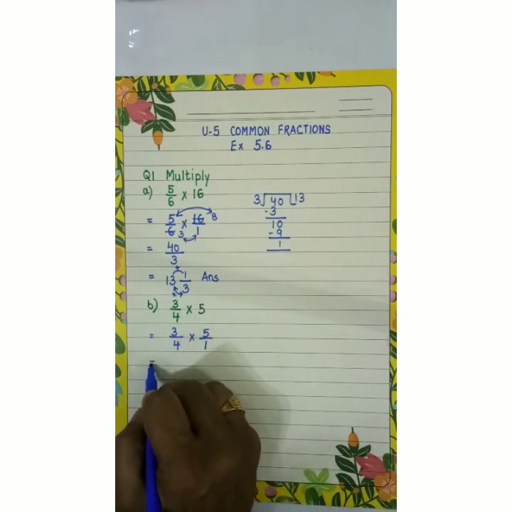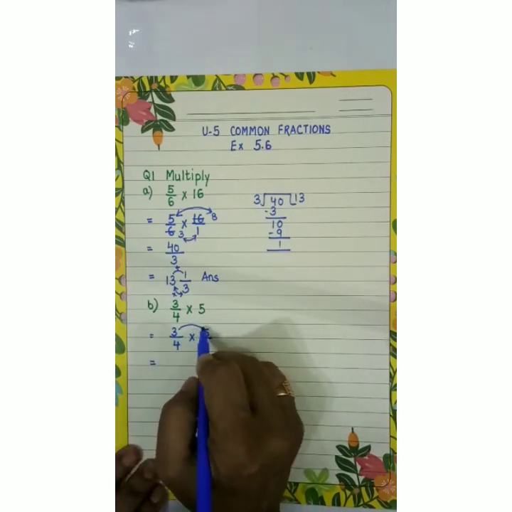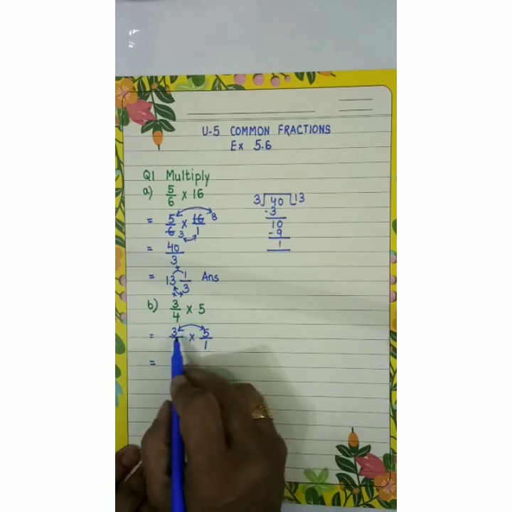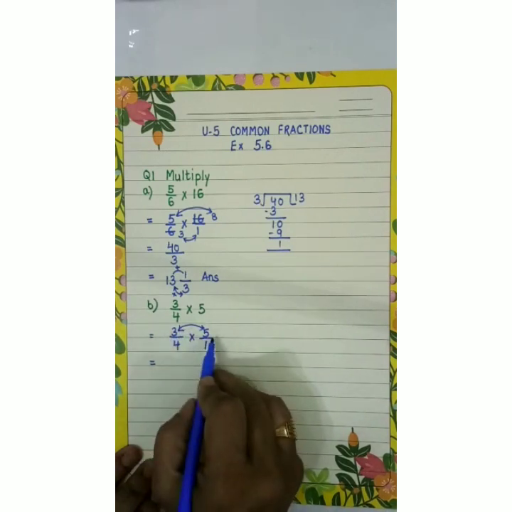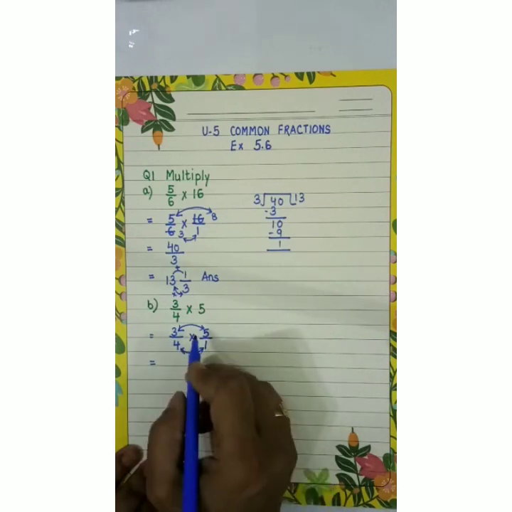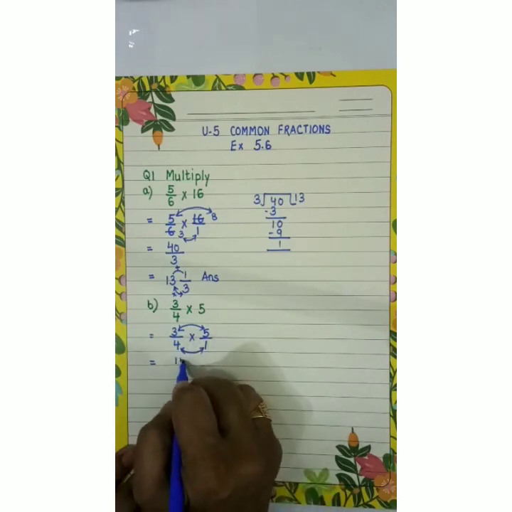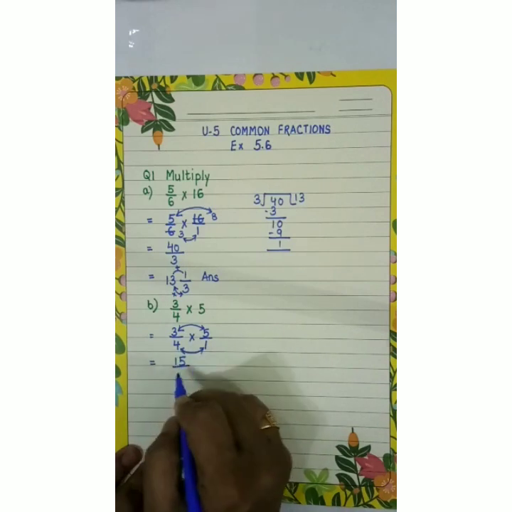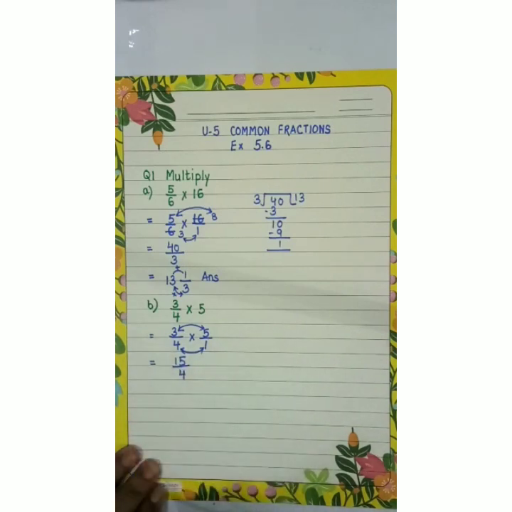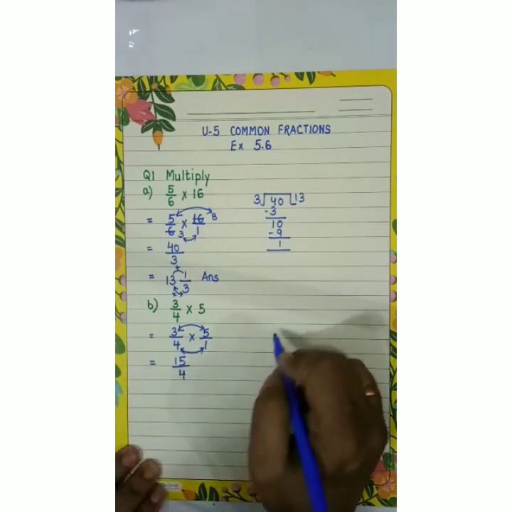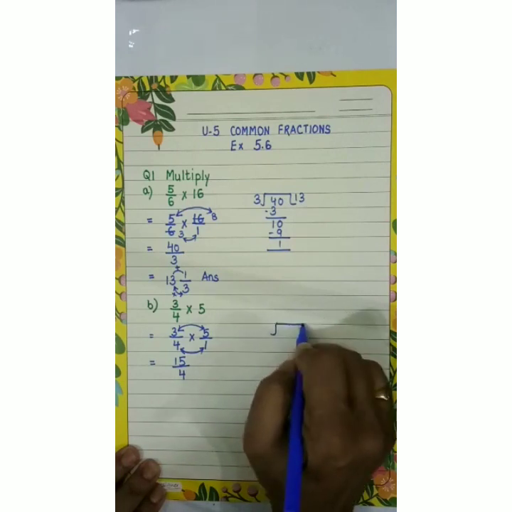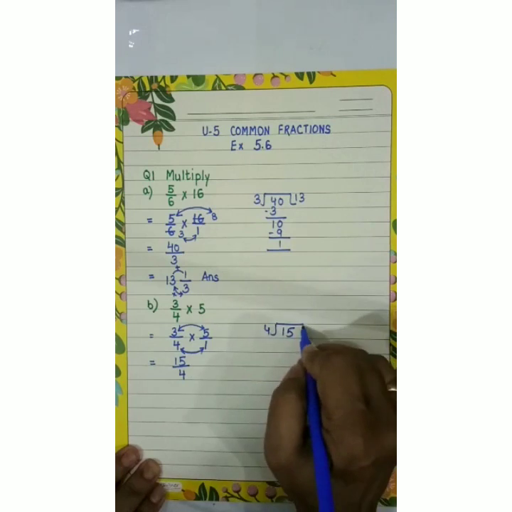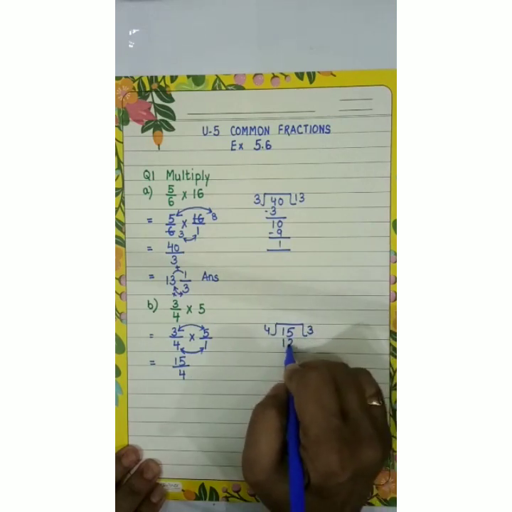So the answer that you can get is by multiplying the numerator with numerator and denominator with denominator. So 5 3s are 15 and 4 multiplied by 1 is 4. Again, this is an improper fraction. So you will convert it into a mixed number.